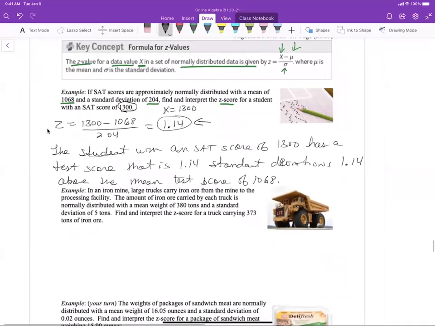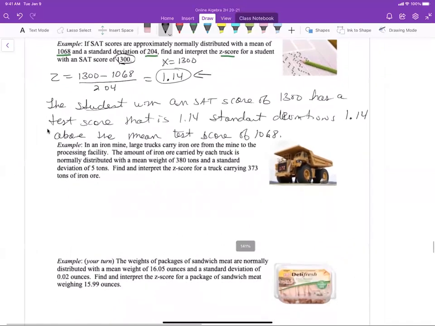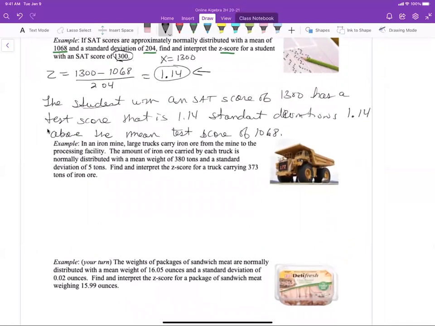So let me give you a situation where we'll get a negative one. We have an iron mine. Large trucks carry iron ore from the mine to the process facility. The amount of iron ore carried by each truck is normally distributed. It has a mean weight of 380 tons and a standard deviation of 5 tons. Find and interpret the z-score for a truck that carries 373 tons.